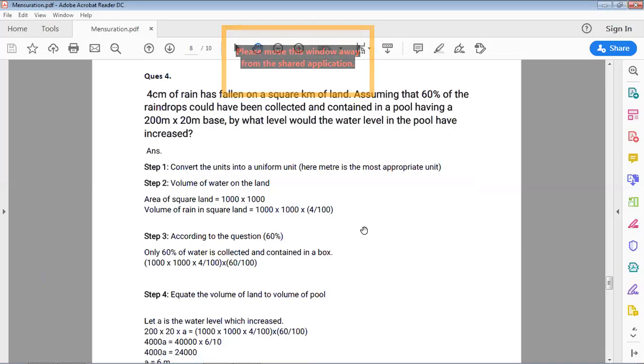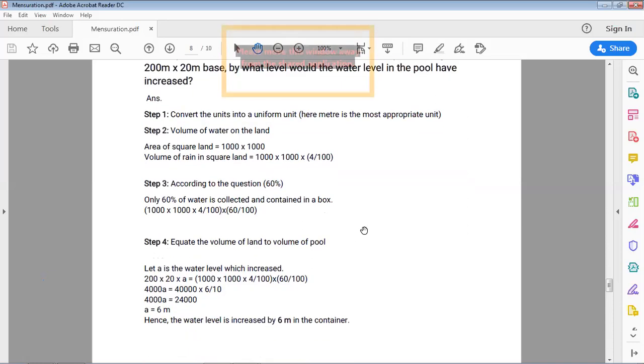And the fourth step is equating the volume of the land and the volume of the pool so that we can get the height of the pool. Equate the volume of the land to the volume of the pool. This is a simple calculation and you can calculate it.